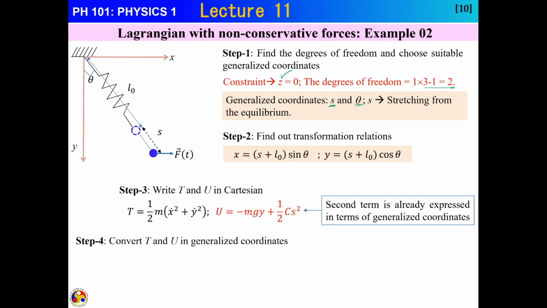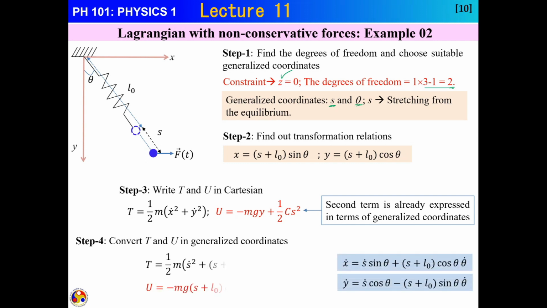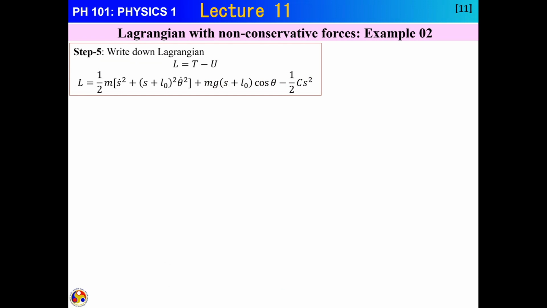We can substitute for x dot and y dot from here, and then the kinetic energy and potential energy come in the form of generalized coordinates. You have done this already, therefore I am going a little faster. So you finally get the Lagrangian in this functional form. I hope there is no difficulty here.